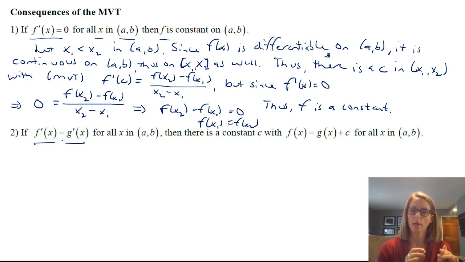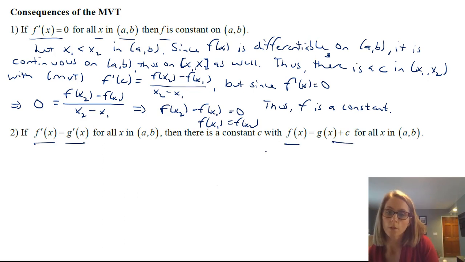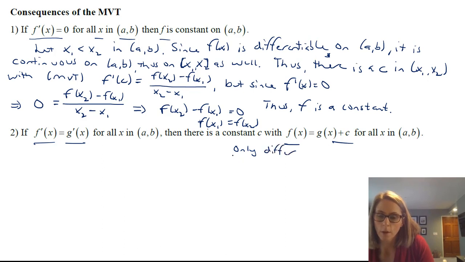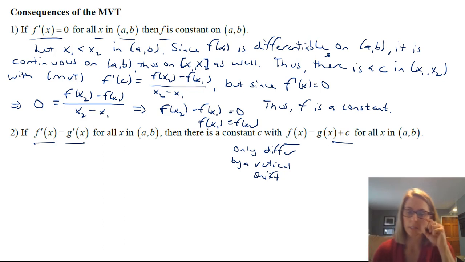Now notice c is not a value here within the function. So what this tells us is that the two functions only differ by a vertical shift. That could be up or down depending on if c is positive or negative. But that is the only difference that they can have between them. And I'm going to show you an example right now.